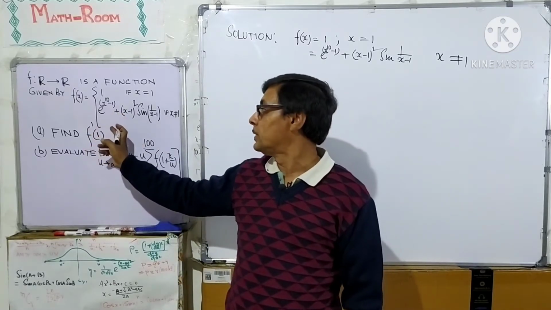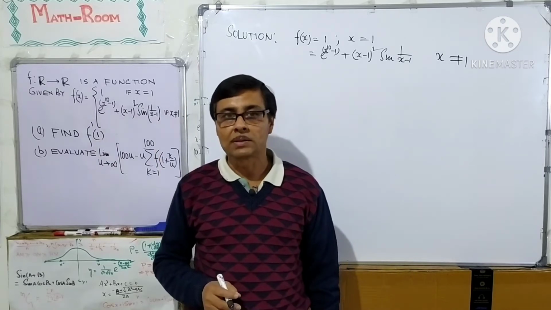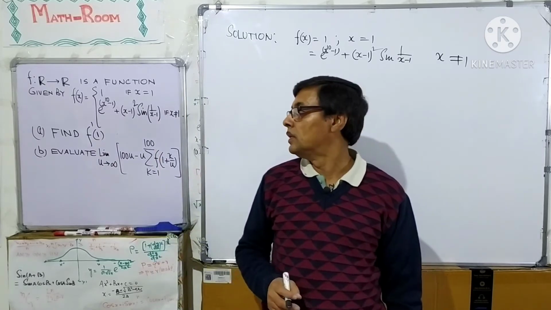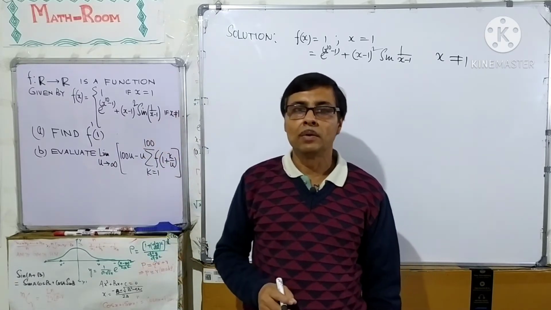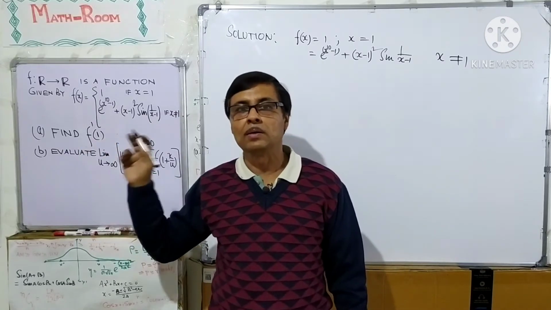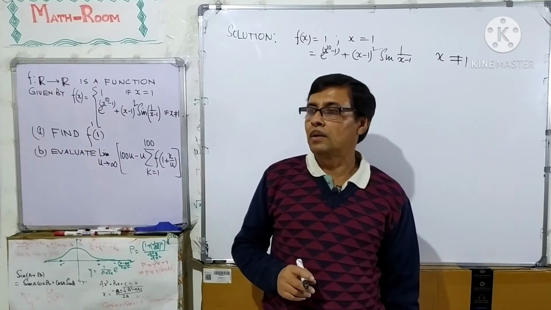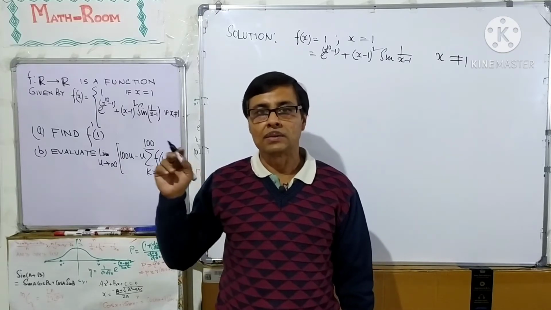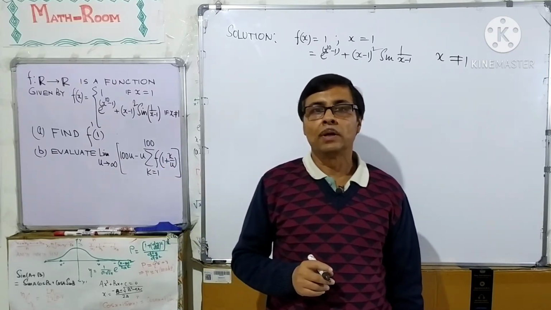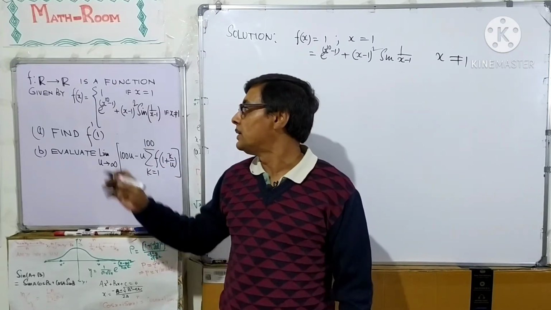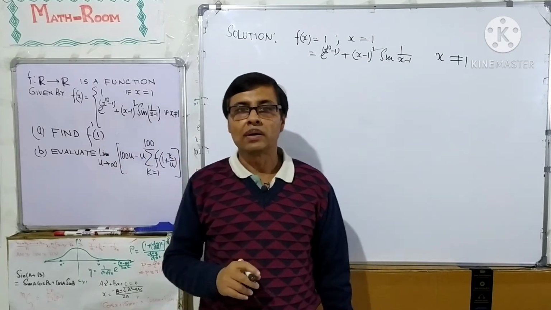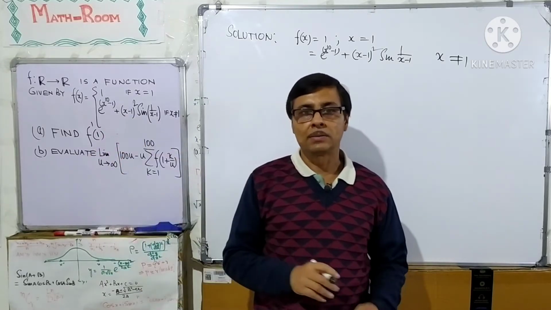For verification of the existence of the derivative at x = 1, we have to show that the right hand derivative of the function at x = 1 equals the left hand derivative of the function at x = 1.